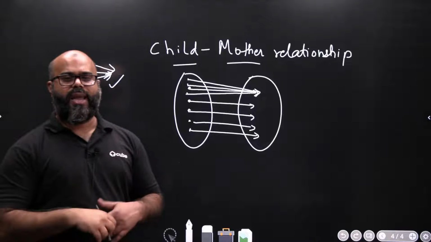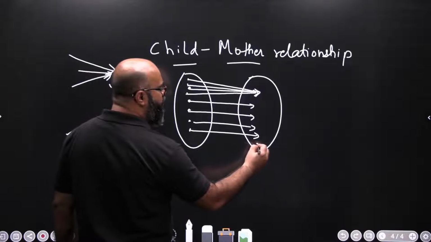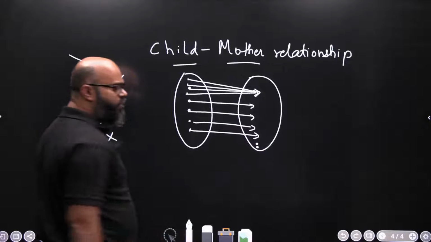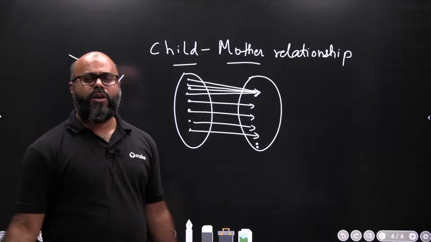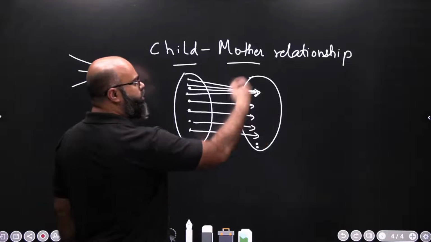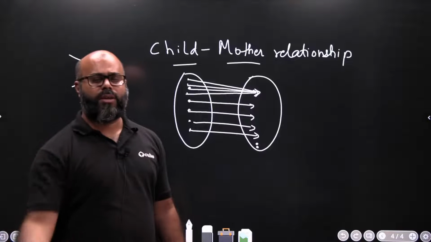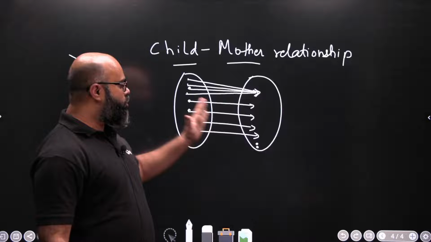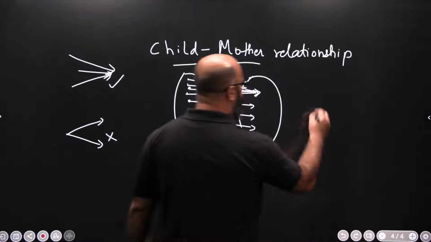Multiple persons can have the same mother. Similarly, there can be a woman who is not a mother of any child. That is also fine. In set B there may be a woman who does not have any child. So in that case also it is about set B. It is not about set A, not about child, but it is about mother. So the constraint has to be on child, but it is not on mother. So still it is a function.